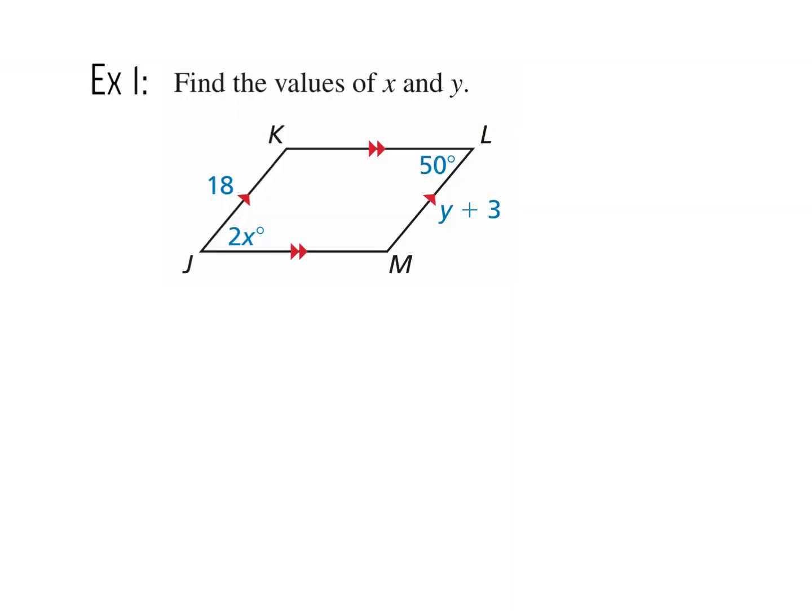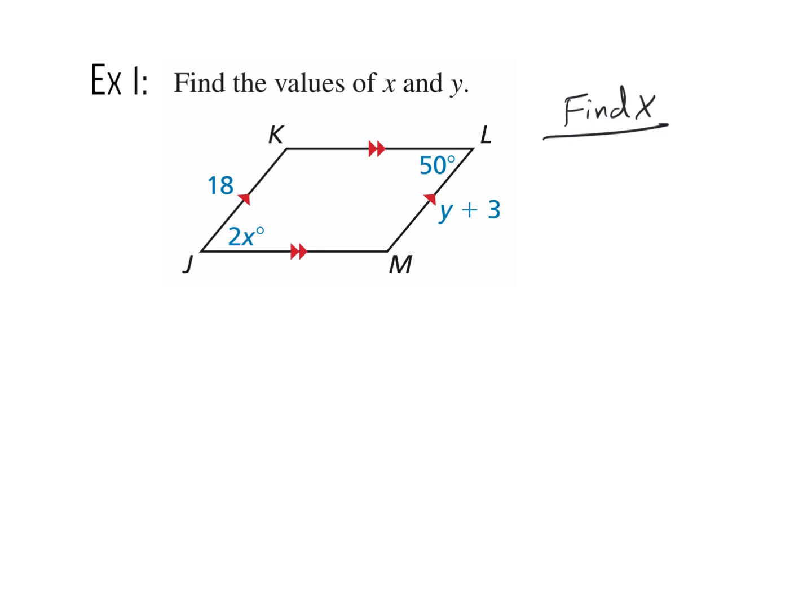All right, Example 1. Find the values of x and y. So this first one, let's find x. When I look at this, it is 2x and 50, right? What kind of angles are those? Are they corresponding or are they opposites? And what does it say the opposite angles are with each other?